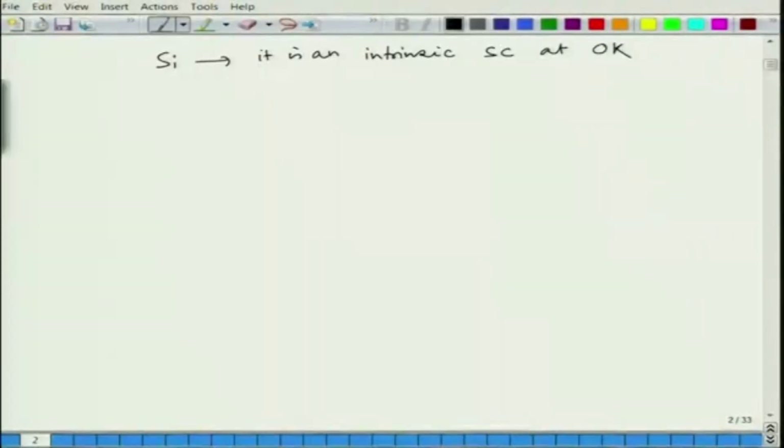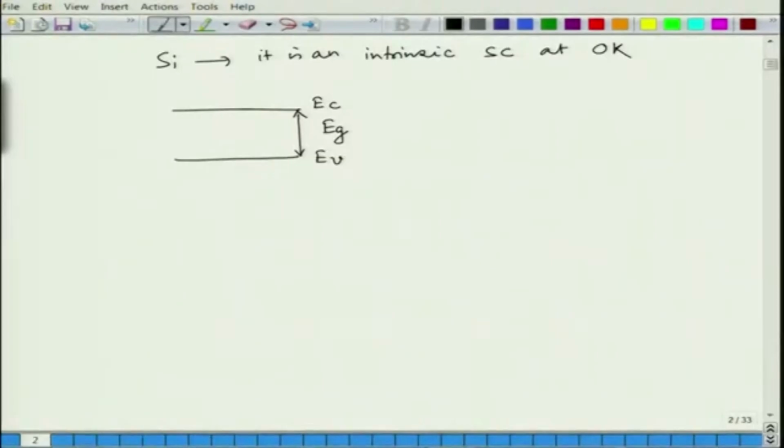So, we have to be careful about what temperature we are talking about. Now, schematically we can show the gap of bands in a material like this. This is the minimum energy of the conduction band, and this is the maximum energy level of the valence band. This gap is called the band gap, or Eg.